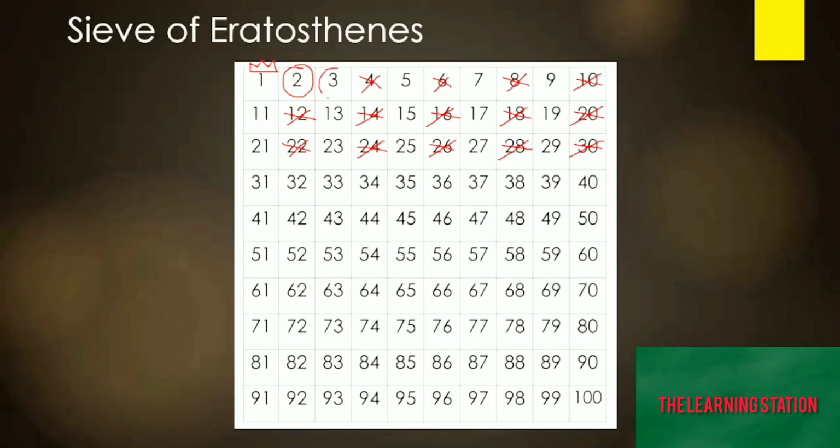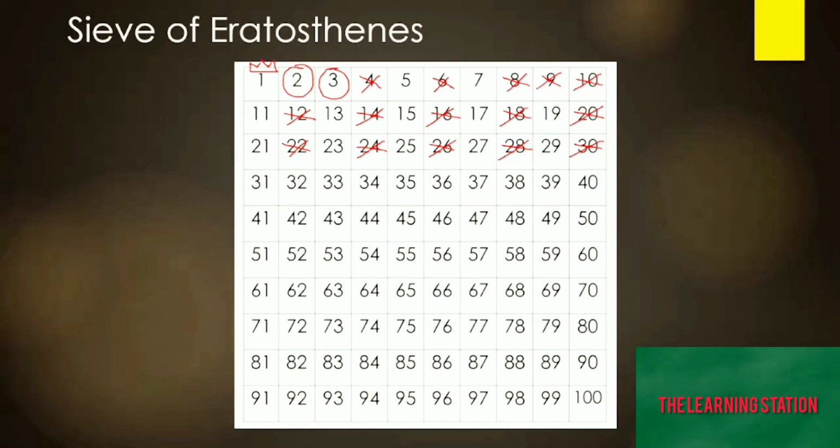Let's move to the table of 3. 3 also comes only in the table of 1 and 3. So it is also a prime number. Now all the numbers which come in the table of 3 need to be crossed out. For this, 6. 6 is already crossed out, so we can leave that.